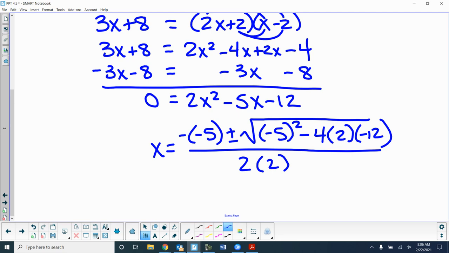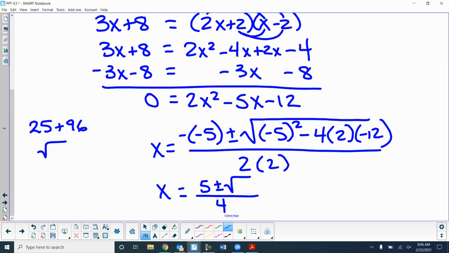So I get 5 minus a negative plus or minus 2 times 2 is 4. Negative 5 squared is a positive 25. Negative 4 times 2 is a negative 8 times negative 12 is a positive 96, I believe. When I add those, I get 121. What's the square root of 121? 11, right?